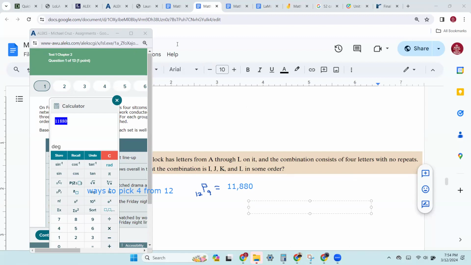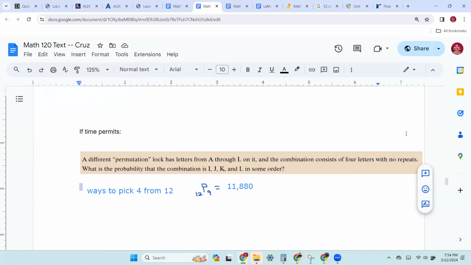But we want to find out a specific scenario here, and this is where we've got to pay a little bit of attention. So our denominator is going to be this. So let's see.